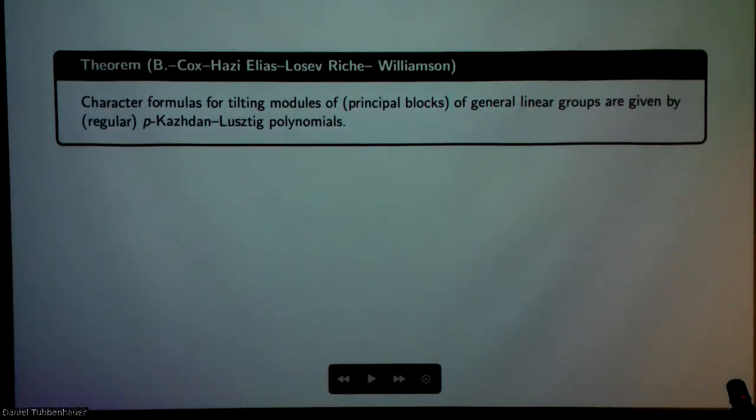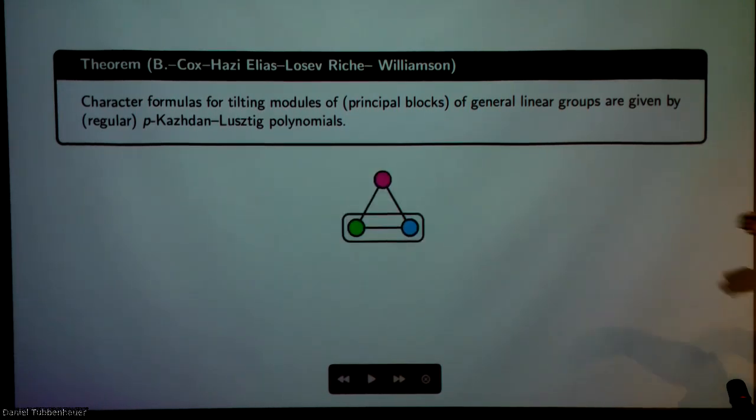Okay, and a lot of people have now proven that the tilting modules for general linear groups are controlled by Categorification polynomials, p-Kazhdan-Lusztig polynomials. And so, for example, if you're interested in SL3, which is a really lovely algebraic group, it is controlled by this Hecke category corresponding to this parabolic Coxeter system.